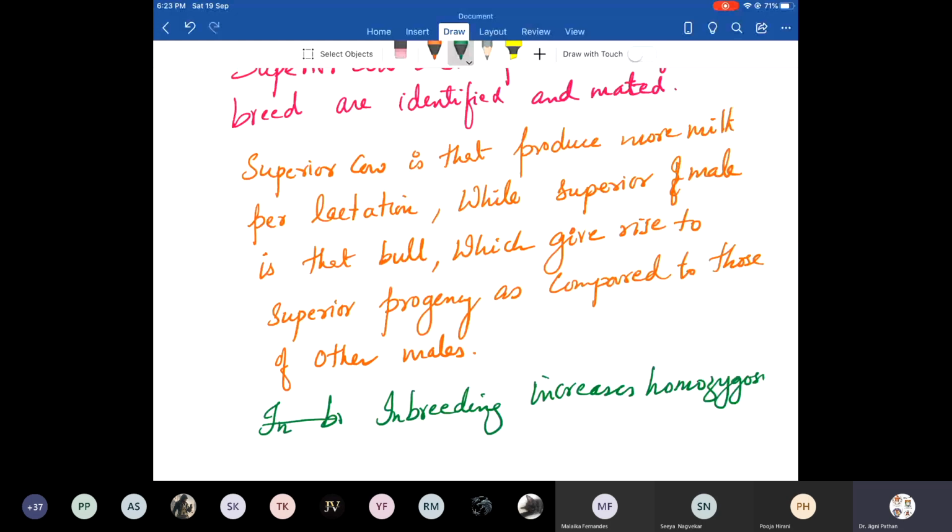Do you agree with me? Sorry, not increases, it is decreases. I have written it. Decreases. Write it down, very easy to understand.